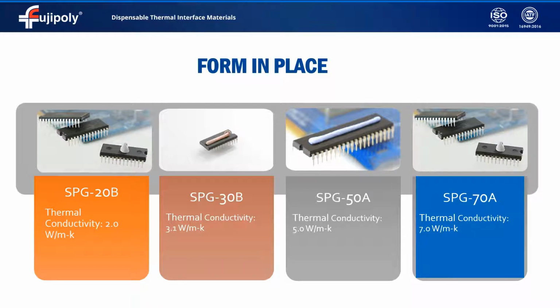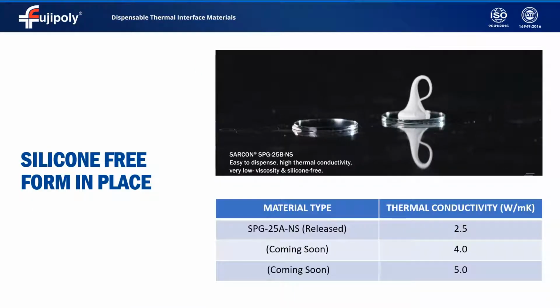We also have a brand new line of silicone-free form-in-place material. Right now, the SPG-25B and S is our latest product to be released, but we do plan on having a 4 and a 5 watt per meter Kelvin material coming up in the near future. The reason for silicone-free is primarily because of some optical applications.